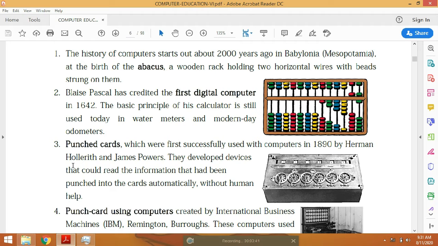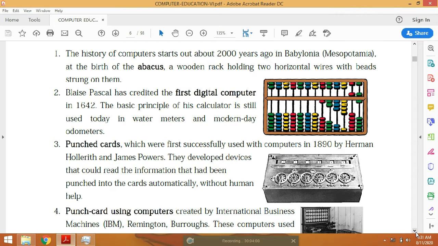They discovered a device which can read the information without the help of human beings. Just like in today's world, when you enter the chip and play the music, it will automatically read out that music from the chip. In the same way, that time the punch cards were there.